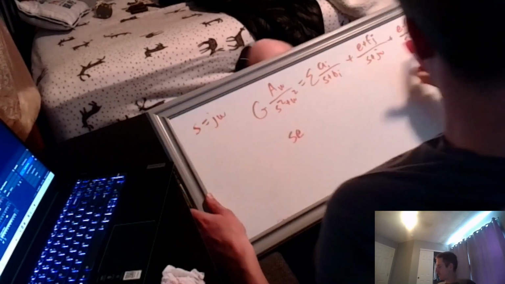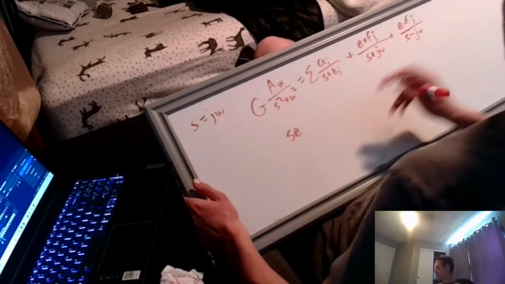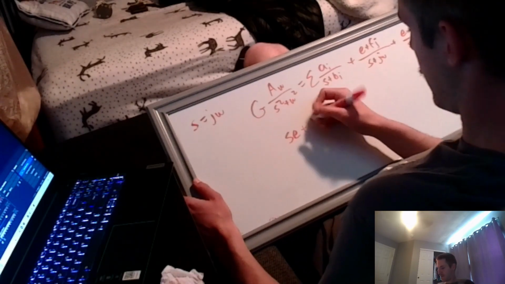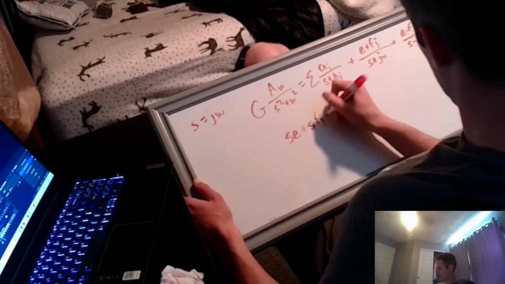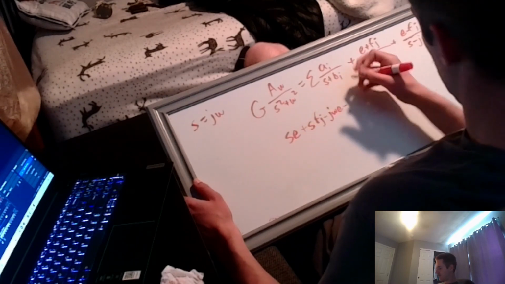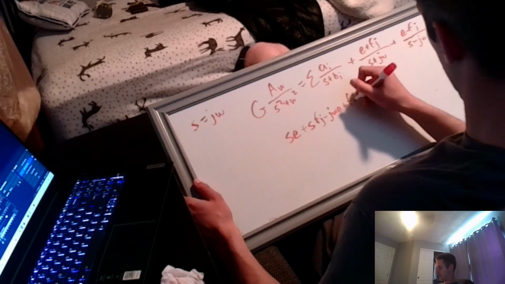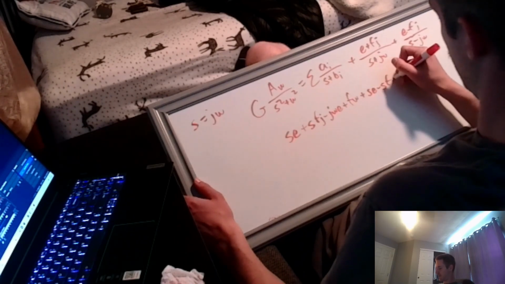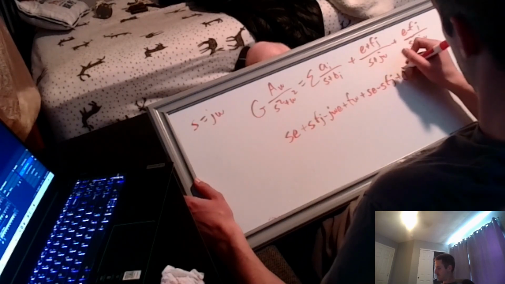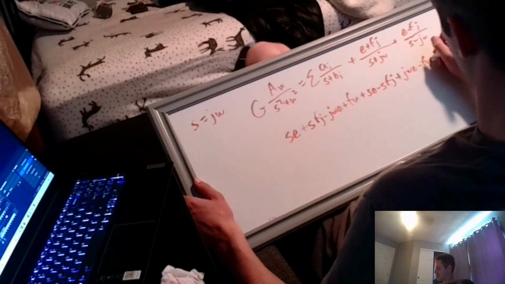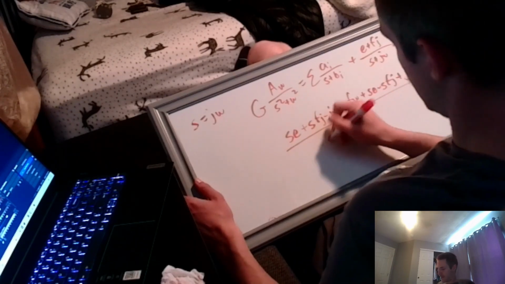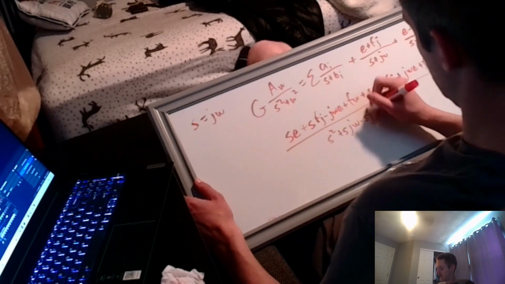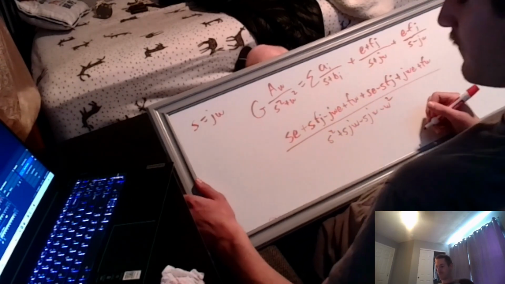So multiplying by S minus J omega on the left side, we'll have Se plus Sfj minus J omega E plus F omega, plus Se minus Sfj plus J omega E plus F omega over S squared plus Sj omega minus Sj omega minus omega squared.